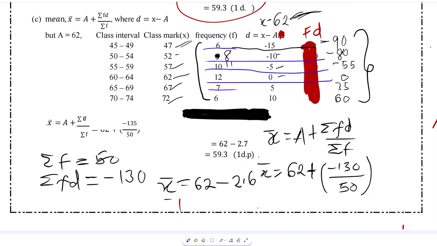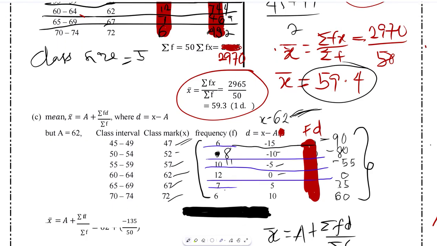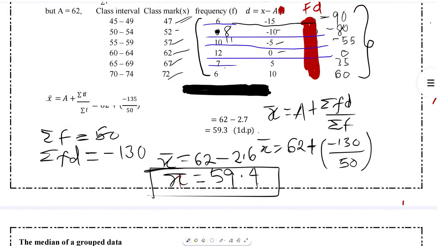So our x bar now is 59.4. Remember I told you that if you do your normal mean and your assumed mean, you are going to get the same answer. Remember in our previous video we also had 59.4. You can see it is still here. 59.4, 59.4. Do you see that?